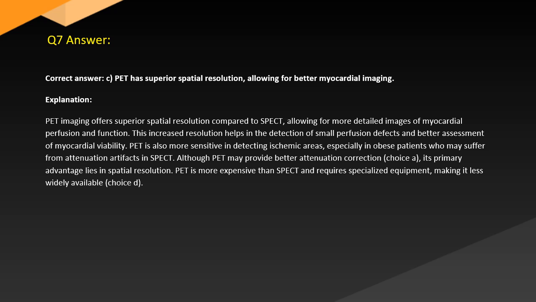PET is also more sensitive in detecting ischemic areas, especially in patients who may suffer from attenuation artifacts in SPECT. Although PET may provide better attenuation correction, choice A, its primary advantage lies in spatial resolution. PET is more expensive than SPECT and requires specialized equipment, making it less widely available. Choice D.